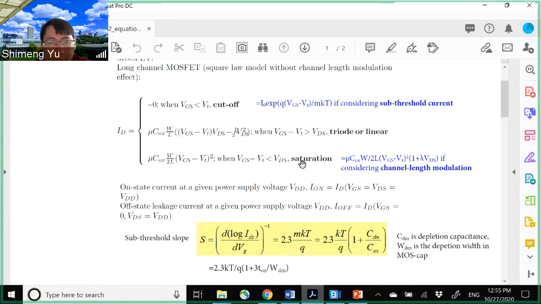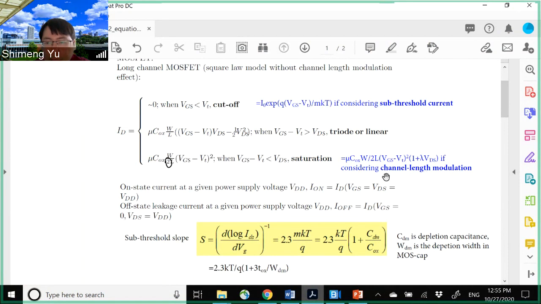And then the saturation current is mu Cox W over L. Pay attention to this 2. You have a factor of 2 in the denominator. And then VGS minus VT squared. So this is without the channel length modulation.